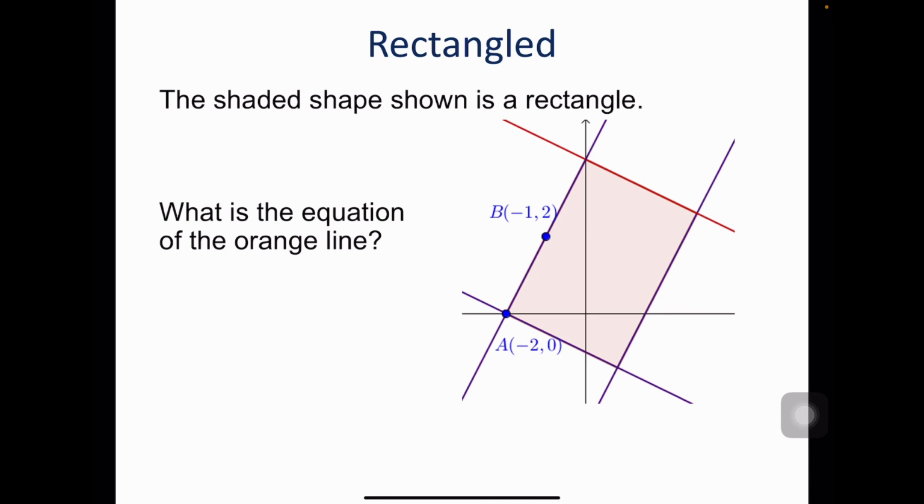In terms of the clue, I would say, we have 2 points. So think of what you can work out using 2 points. And I'll draw a right angle here. And yeah, so hopefully that helps you answer this question. Pause the video, press play when you're ready to see the answer.